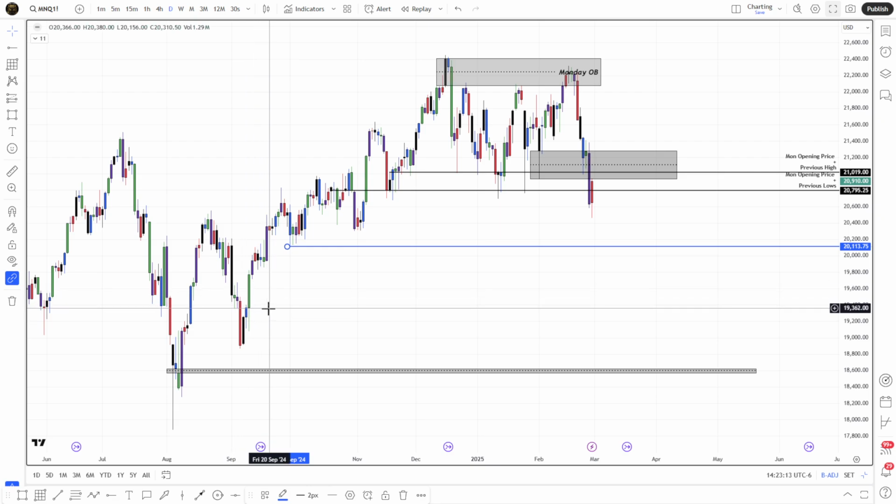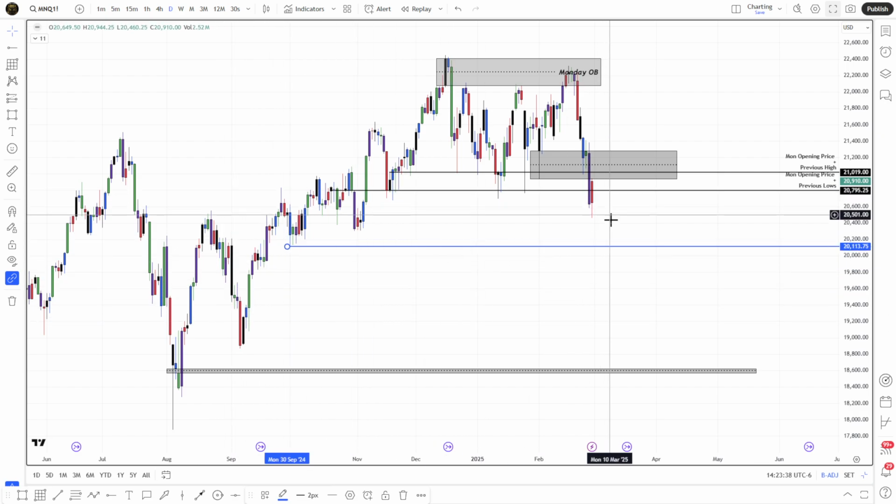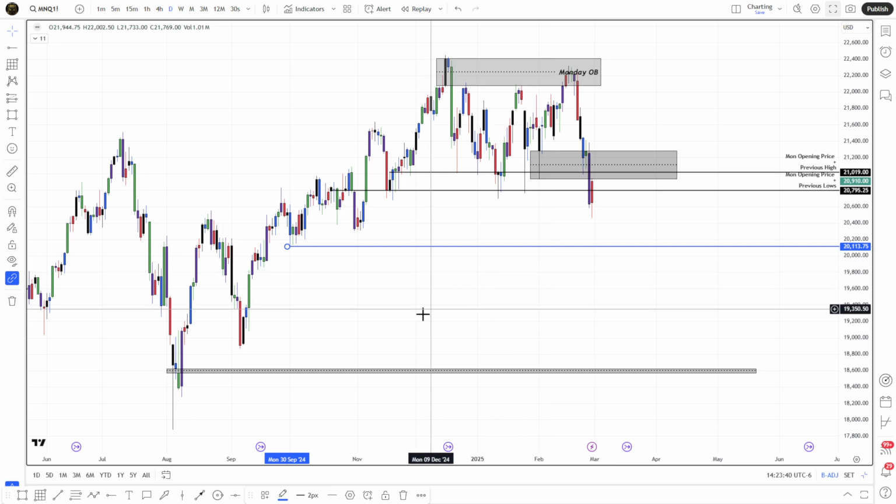We got opening price and a wick here that would finish closing in this imbalance. So I kind of like this area right here for Wednesday. We have a Wednesday open down here and a Wednesday open down here. Just kind of a Wednesday low sits right in that area. So we have some confluence for Tuesday, Wednesday to come down here.